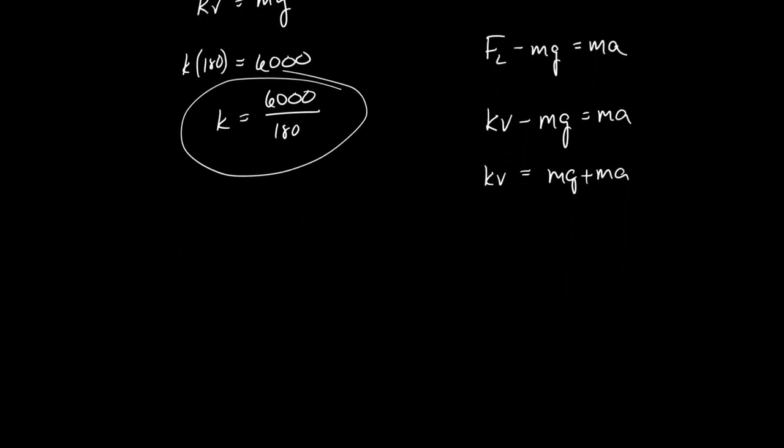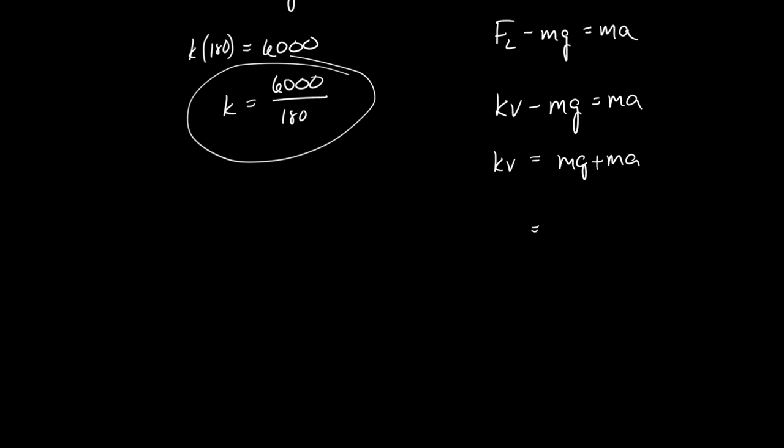I have a value for k, and I know everything else. So this will be 600 times 10 plus 2 times 180 over 6,000. Is that good? Now I'll give you the velocity of the plane to accelerate upwards at 2 meters per second squared. It's 600 times 10 plus 600 times 2. Right? Okay. That's good? Okay.